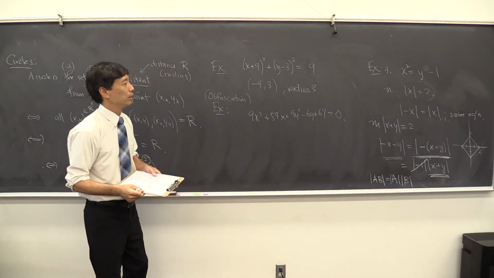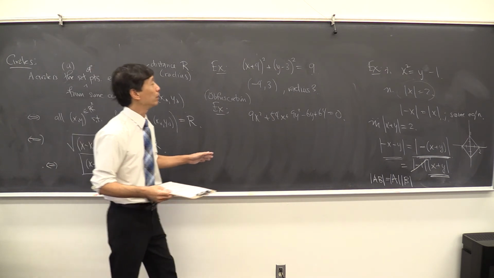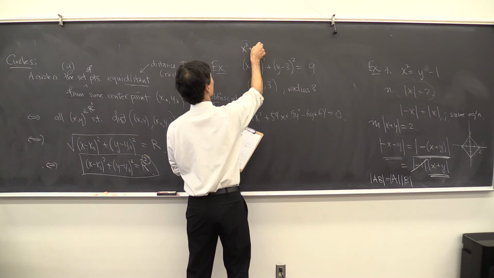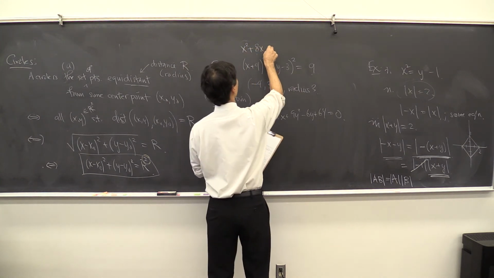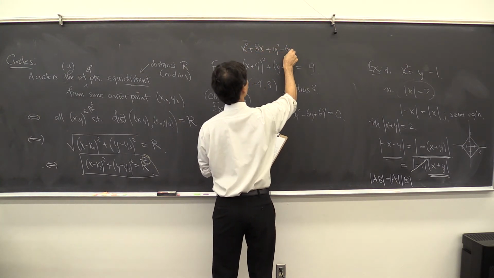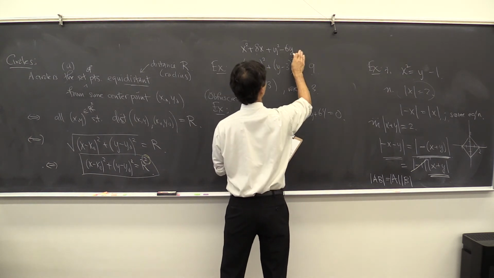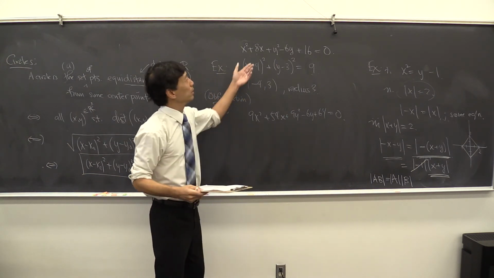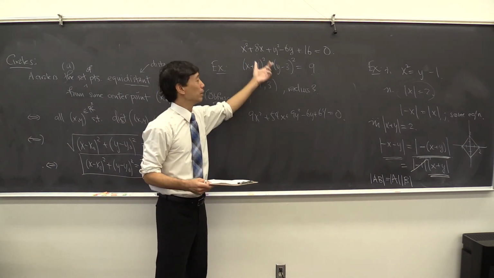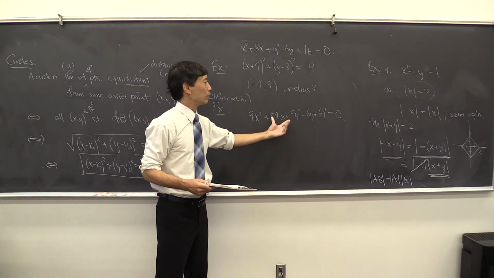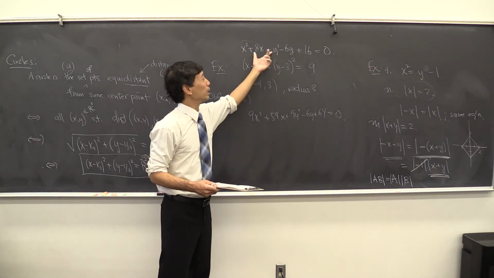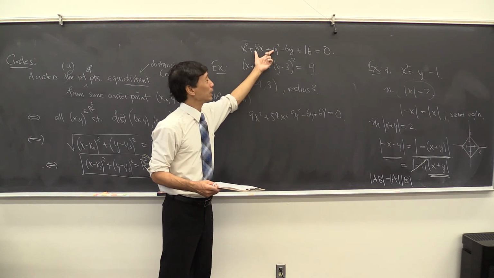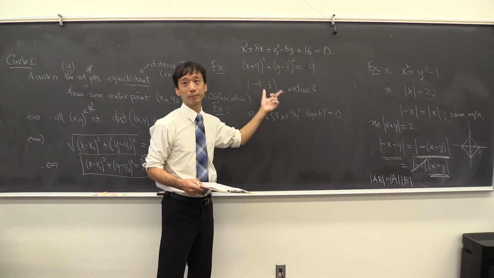It doesn't seem like it's a circle, but if they had spelled this out, this would have been x squared plus 8x plus y squared minus 6y plus 25 plus 16 equals 0. You can go from the easy one to the obfuscated one easily, but coming backwards is a little bit tricky.